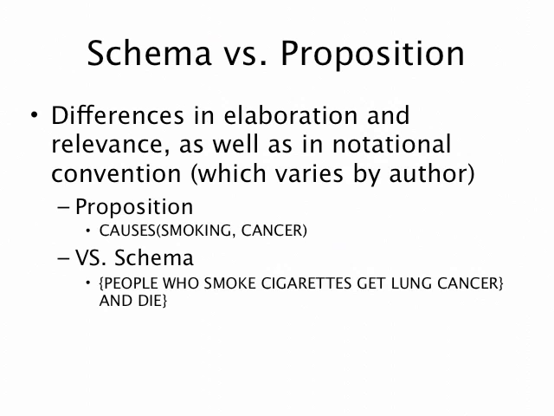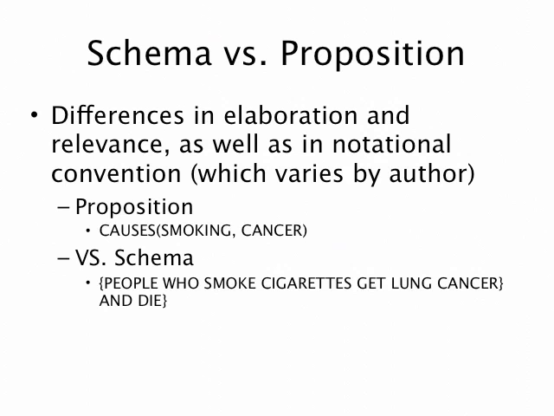And I've talked about this before, that a schema is more elaborated and more personally relevant than a proposition, and that this is conveyed in differences in notation. So you can see here in Power and Dalgleish, they use the parentheses for the proposition, where the verb is on the outside of the parentheses and the subject and object are inside the parentheses, and for the schema there's nothing outside of those brackets.